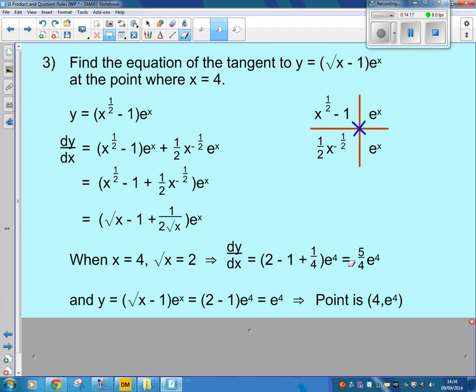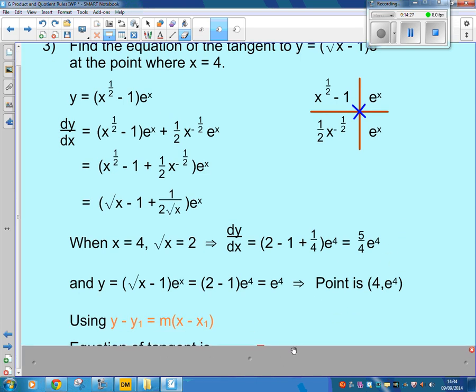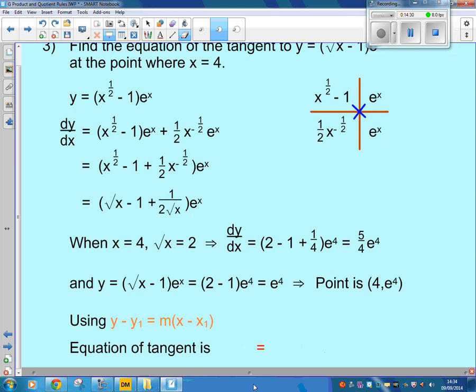The gradient of the curve is the same as the gradient of the tangent at that point. And at that point the gradient is 5 over 4 e to the 4. So now back to y minus y1 equals m times x minus x1, which you'll have done in Core 1. And you've got y minus the y coordinate, y minus e to the 4, equals the gradient, 5 over 4 e to the 4, times x minus the x coordinate, x minus 4.